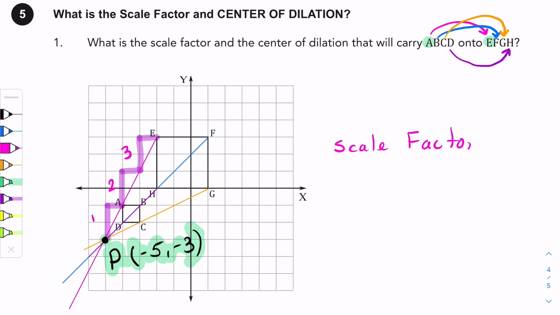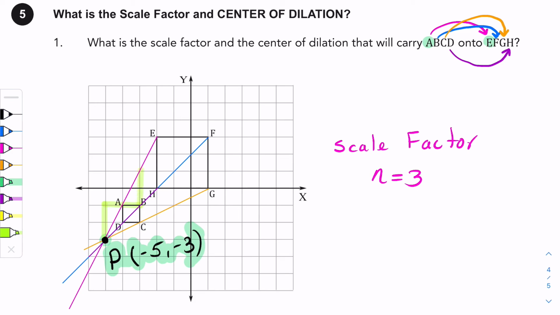Let's check that, make sure that we are correct. Let's check it with the blue line. So the blue line is point B to F. From our center to point B is up 2 over 2.